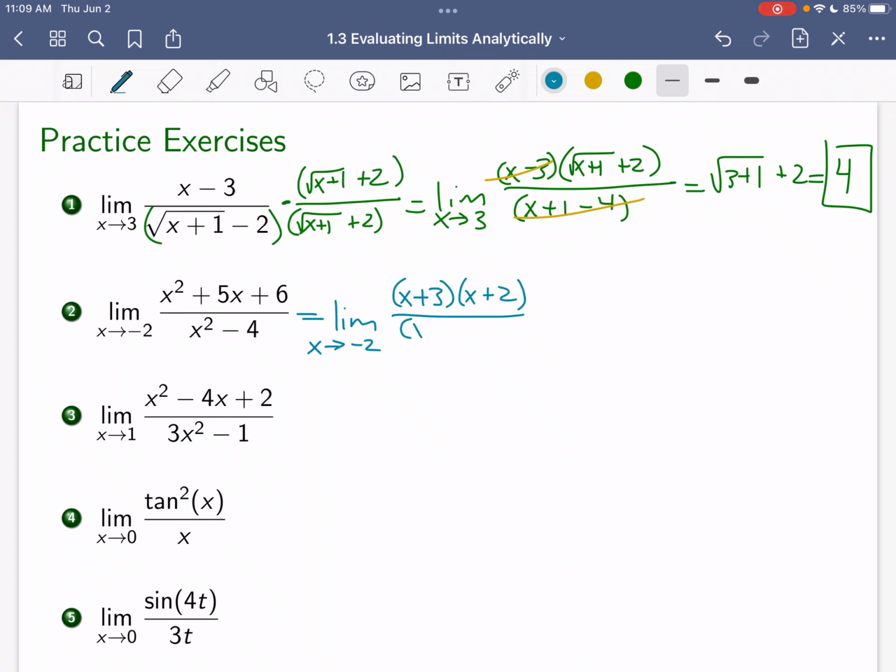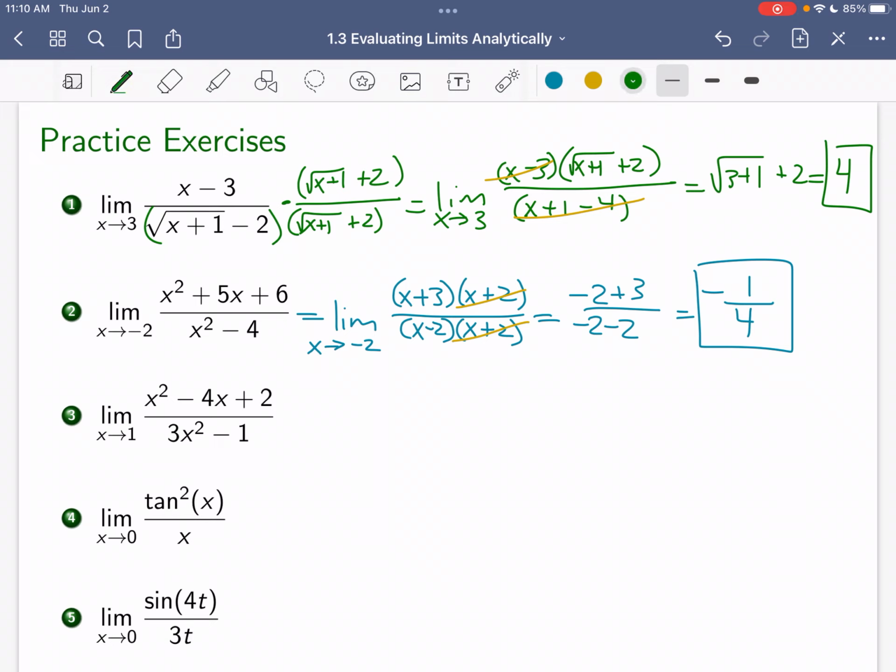The bottom factors into x minus 2 times x plus 2. We have the x plus 2's that cancel. And now if we try direct substitution, we will get 1 over negative 4, so negative 1/4.